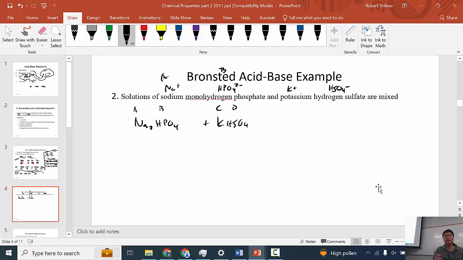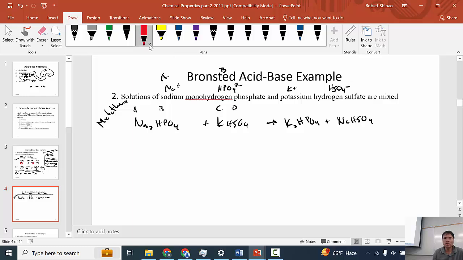So this looks like a metathesis, doesn't it? And so if I do the metathesis, I'm going to form potassium monohydrogen phosphate and sodium bisulfate. It doesn't matter if you swap the cations or swap the anions. We're just looking for a good combination, so it doesn't matter which one you swap.